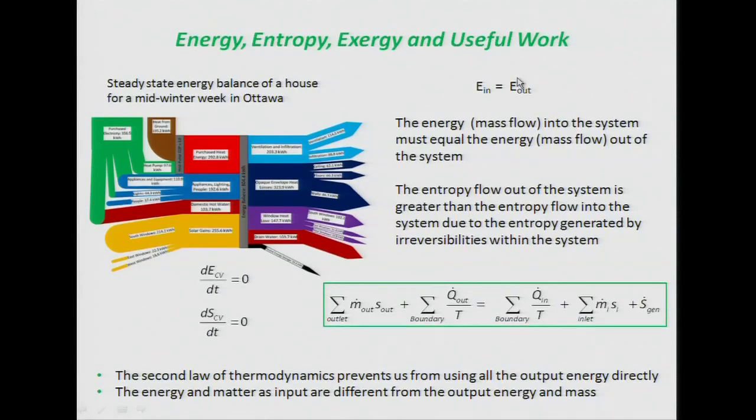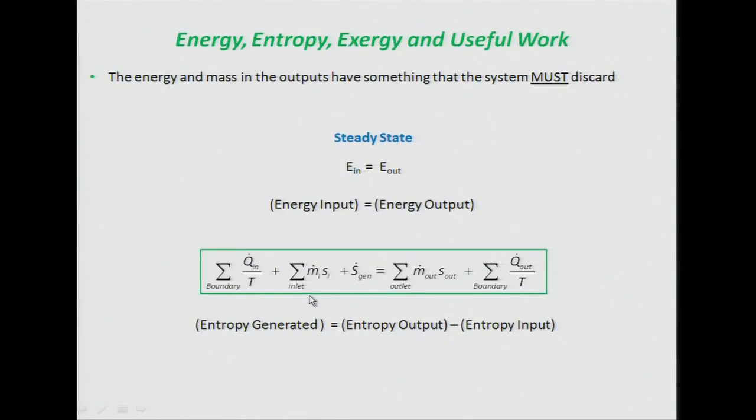And it turns out that we can't. We can't really tell why from here, but we can do a combination, if you like, of thinking about entropy generation and an energy balance that would motivate that. So because we generate this entropy, the energy and mass in our outputs must have something that gets thrown away, doesn't get reused.